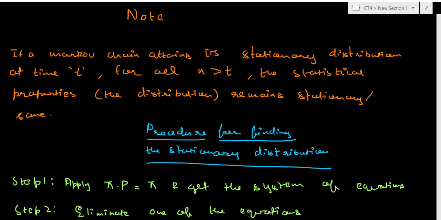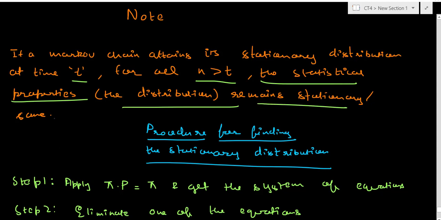Okay, now let's just take note of a few things. The first thing is that if a Markov chain attains its stationary distribution at some time t, then for all the times n that are greater than t, the distribution or the statistical properties remain stationary, or the same.